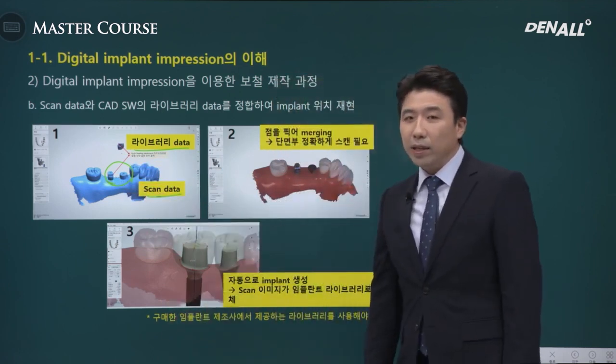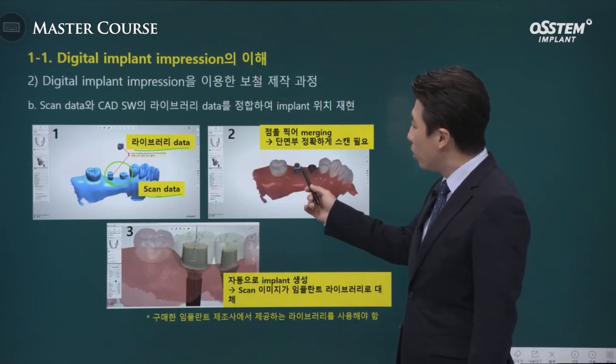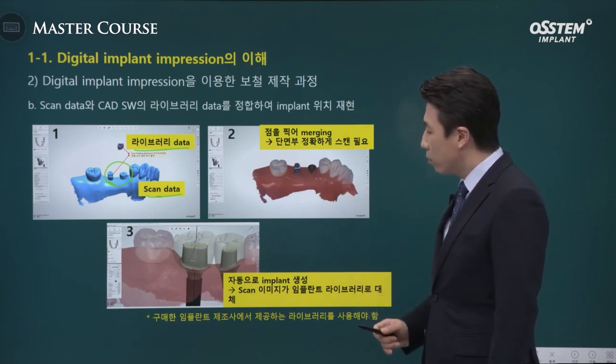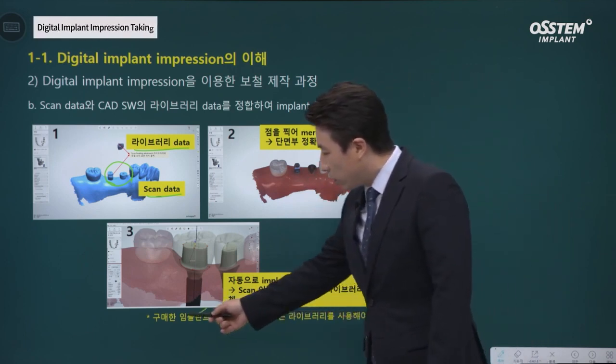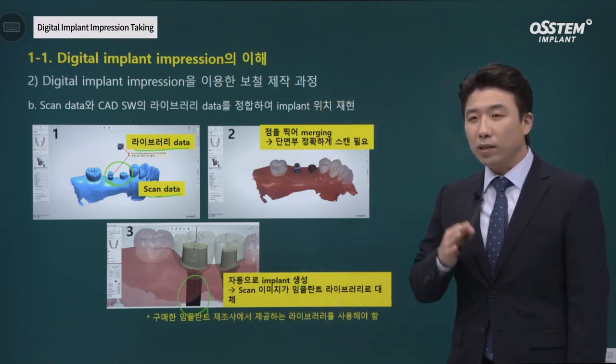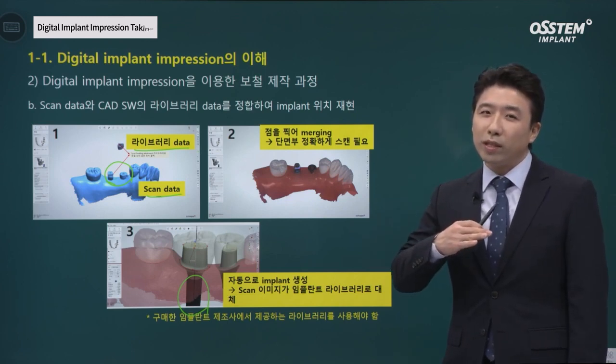They are merged with the scan body data scanned by pointing various landmarks. They are matched and implant positions are reproduced in the CAD software. From that time on, prosthetic design can begin.